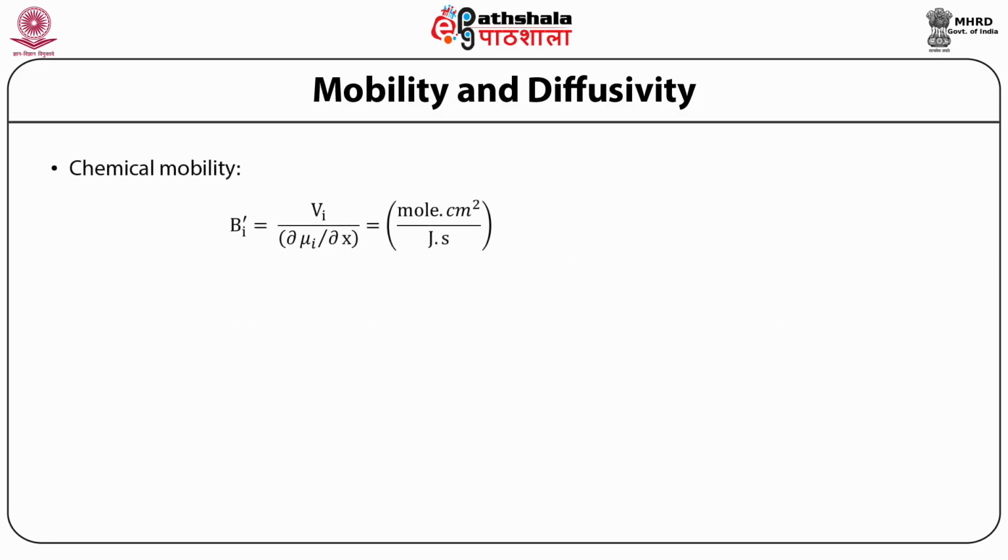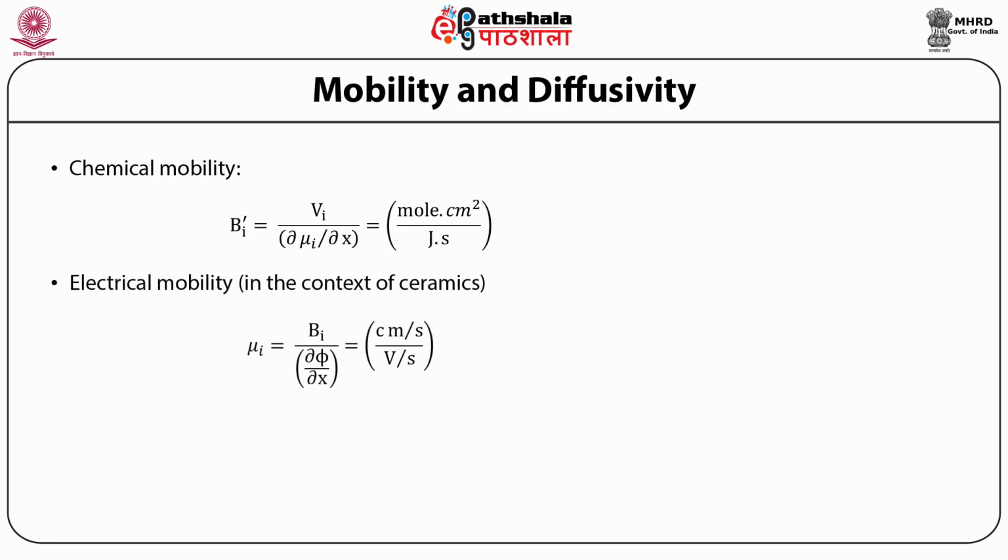So the chemical mobility B_i is equal to V_i into del U by del X, and the units are moles cm square by Joule seconds. The electrical mobility in the context of ceramics is given as mu is equal to B upon del phi by del X, and the units become centimeter per second by volts per centimeter.